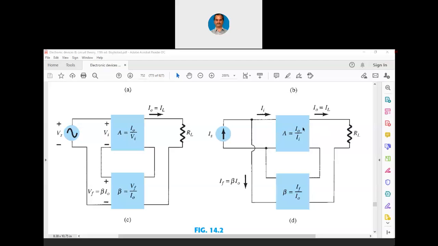So A equals I naught by Ii and beta equals If by I naught. So in this way, we have seen 4 feedback connection types: voltage series feedback, voltage shunt feedback, current series feedback, current shunt feedback. Okay. If you have any questions, you can ask me.